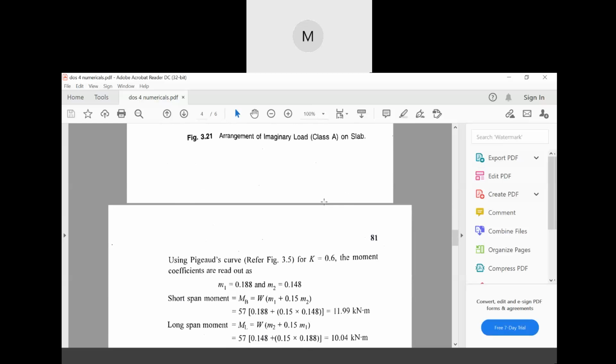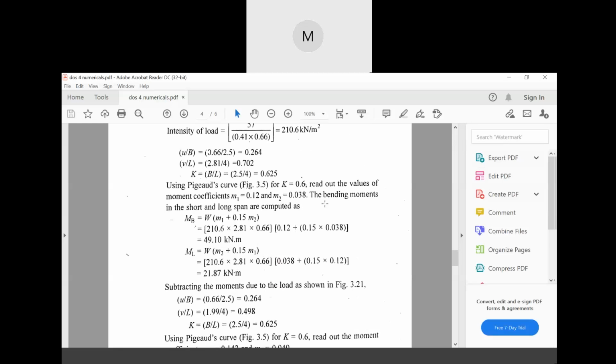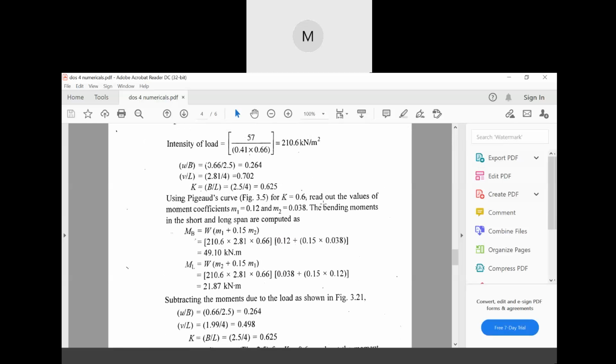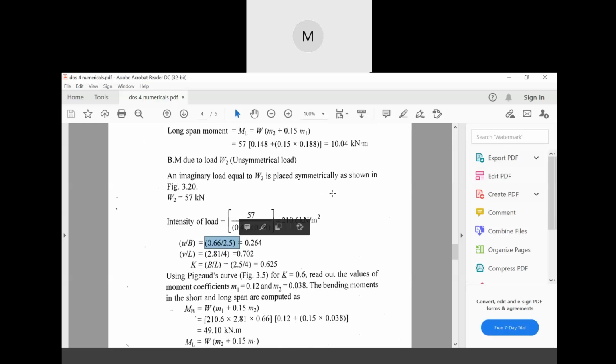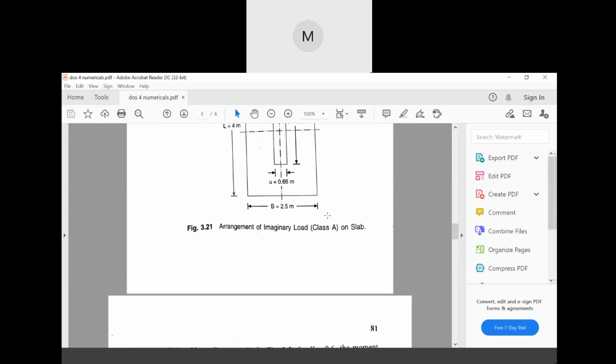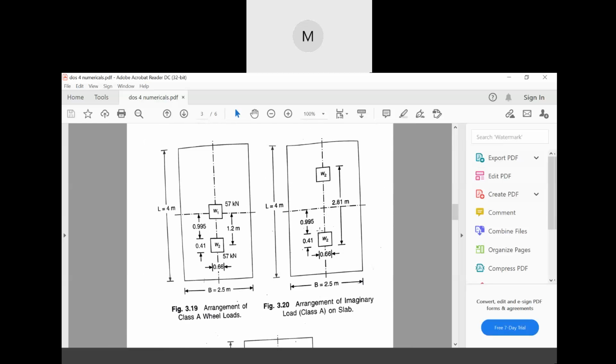Now, while finding out this W2, U by B will remain the same. As you see in the figure, this is U. This is U, right?